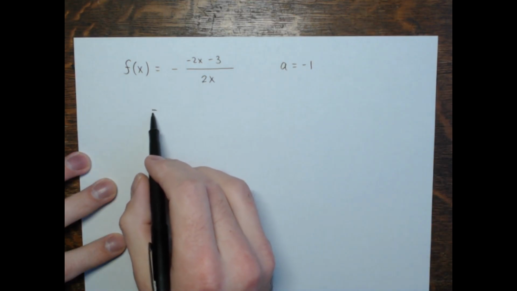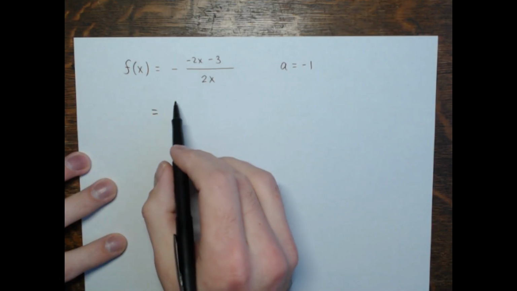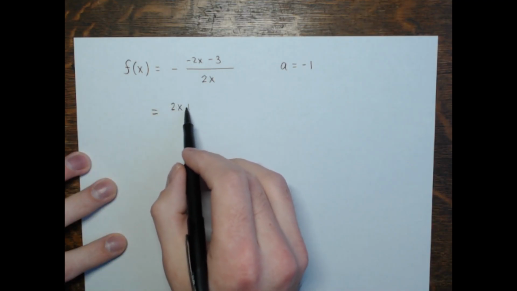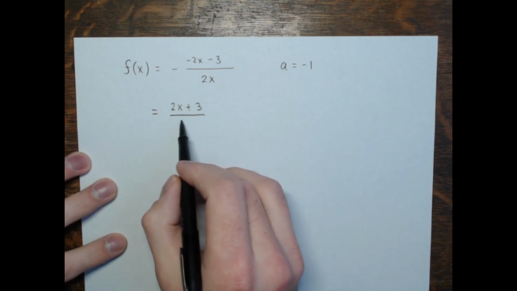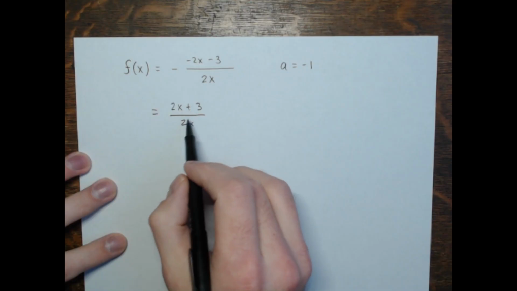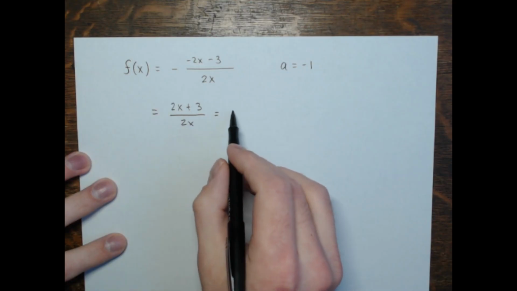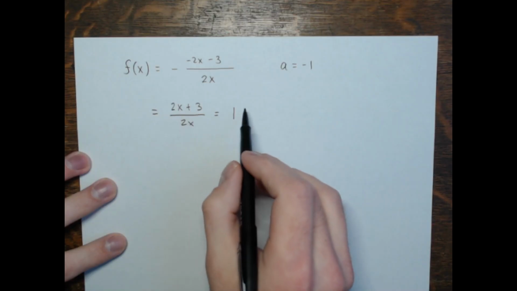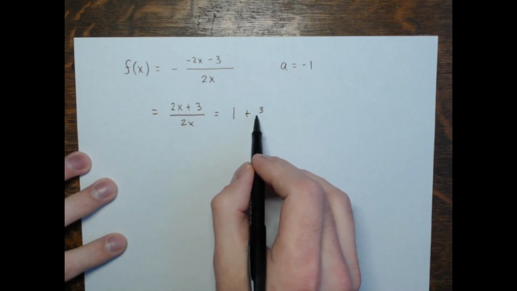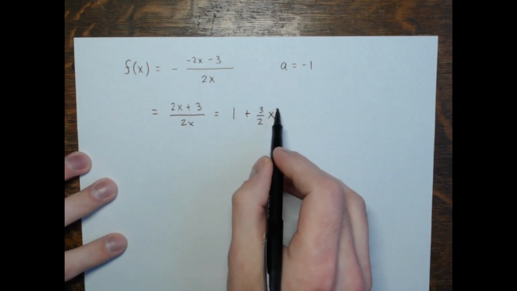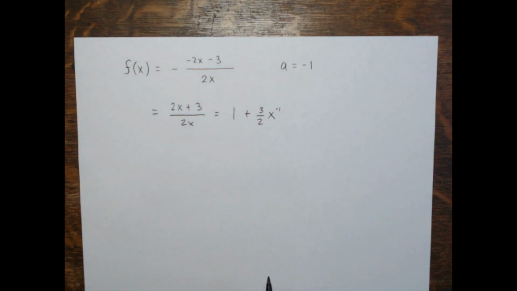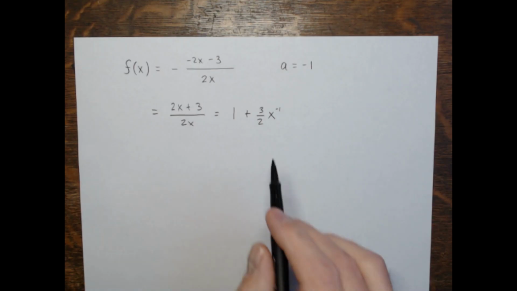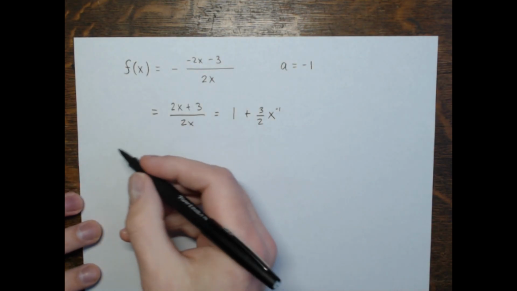Now I'm going to rewrite this. The opposite of the numerator there is just 2x plus 3. And then if I divide each of these by 2x, 2x over 2x is just 1. And then we have plus 3 halves times x to the negative 1, or 3 over 2x. So that'll be a lot easier.